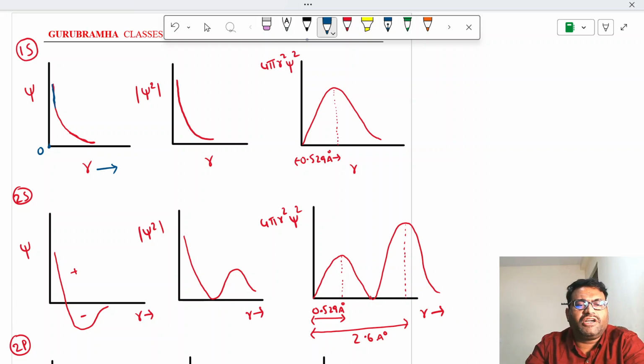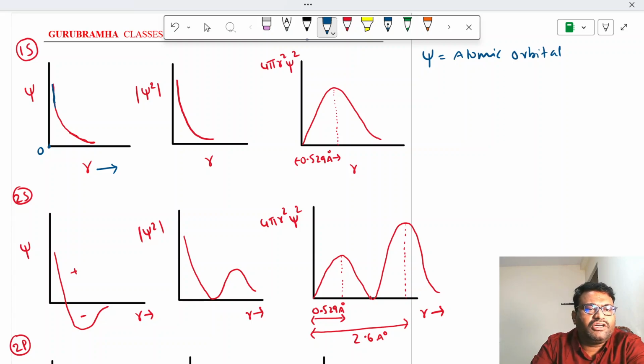Already we have studied that psi represents an atomic orbital, the region around the nucleus where there is probability of finding an electron. The probability of finding the electron is more very near to the nucleus, not in the nucleus, but very near to it.